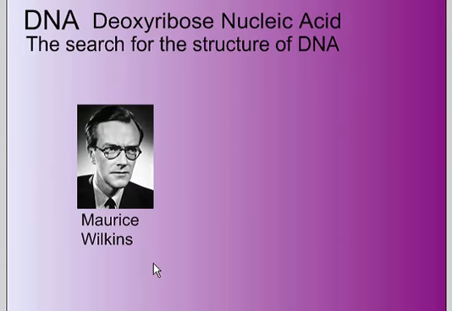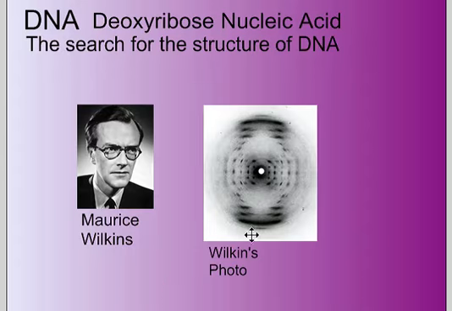When I was taught this, it was always taught as Wilkins and Franklin. Your book doesn't even mention Wilkins, and we'll talk about why in a minute. Franklin kind of got the shaft in some of this. But the truth is, Wilkins won a Nobel Prize for his work on this, so I think it's worth mentioning his name. And here's the picture he took.